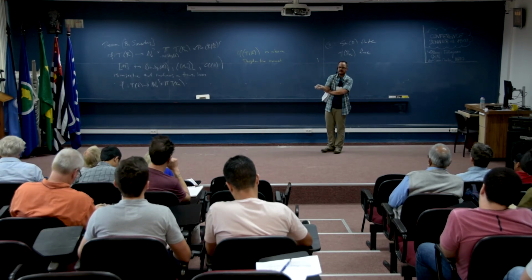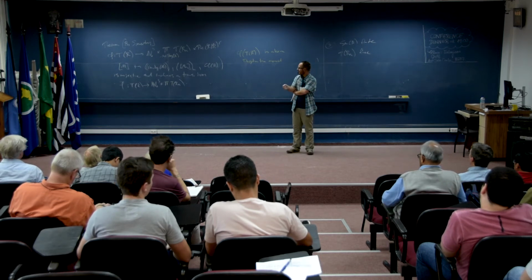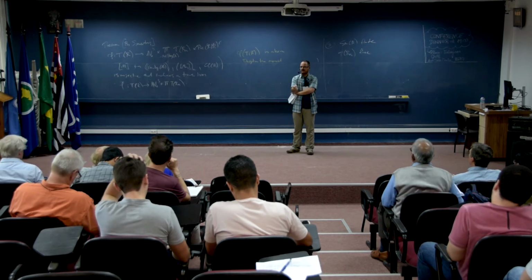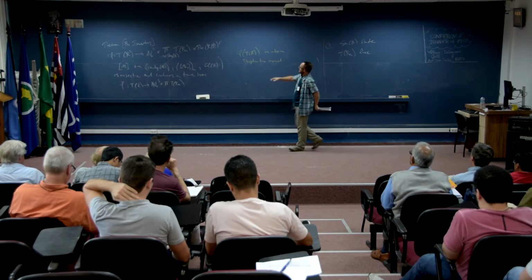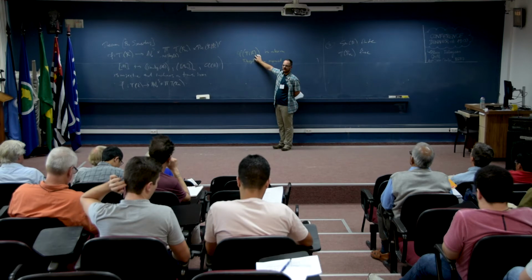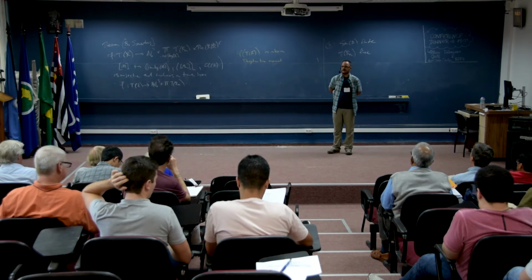Nothing else happens, and so it's somewhat tame still. It still needs a little bit more investigating to figure out exactly what can happen, but this seems to be a good way to understand what can happen in terms of direct sum decompositions. I'll stop there. Thank you.